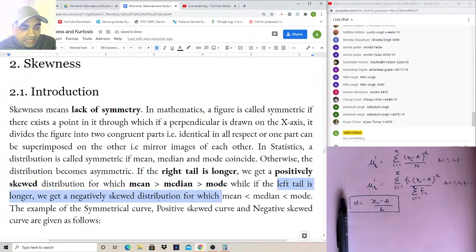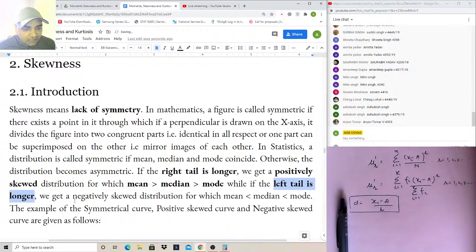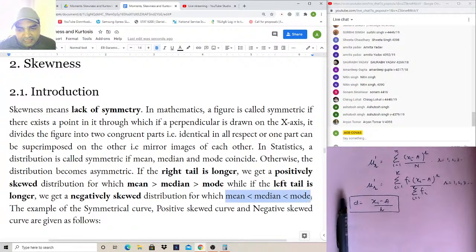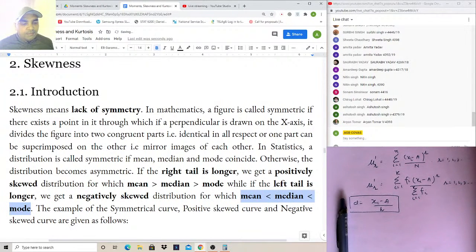If the left tail is longer, it is a negatively skewed distribution, and there this relation becomes reversed. That is, the maximum will be the mode, then the median, and then the mean.